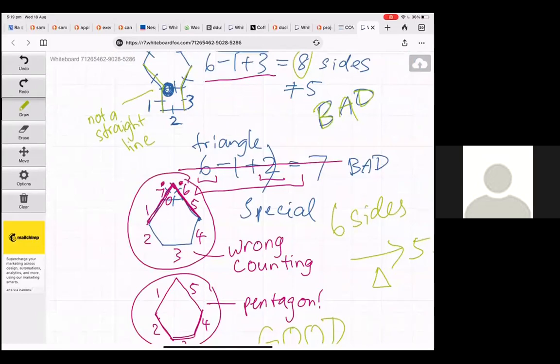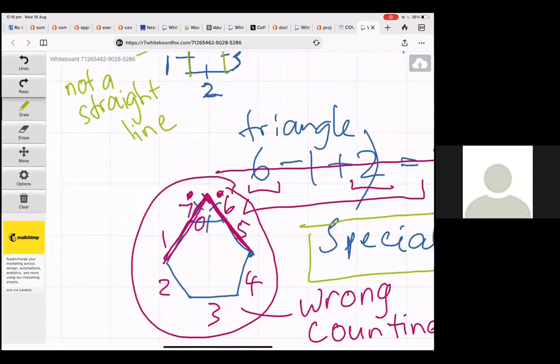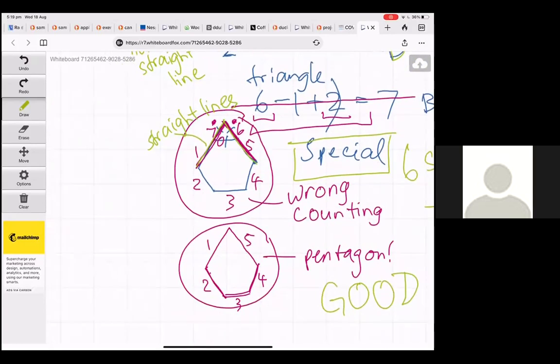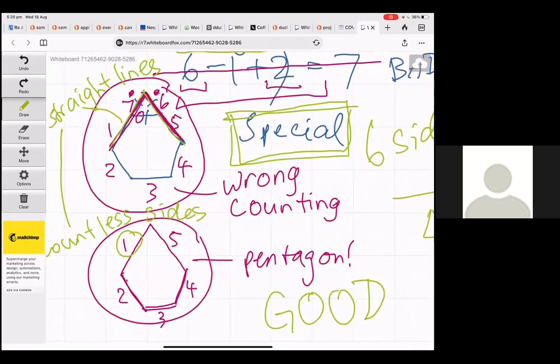But then the reason that the triangle is special is because when I add the triangle on, it makes straight sides. So these are straight lines. And because of the straight lines, then I get to count less. So that means I can count less sides. Basically, with the triangle, it's special because I create straight sides by adding the shape on.